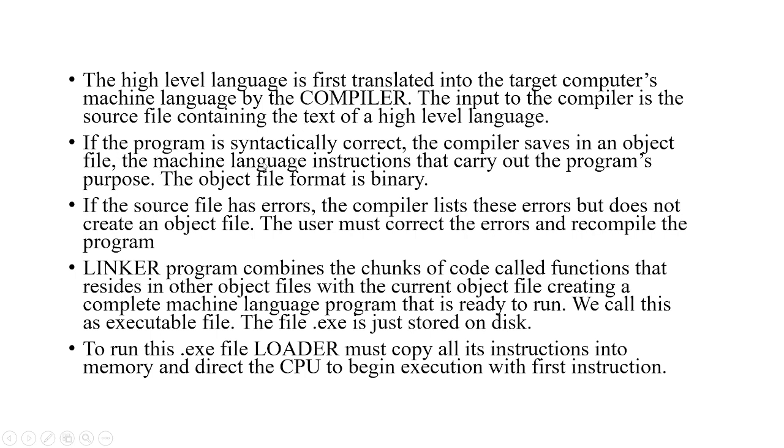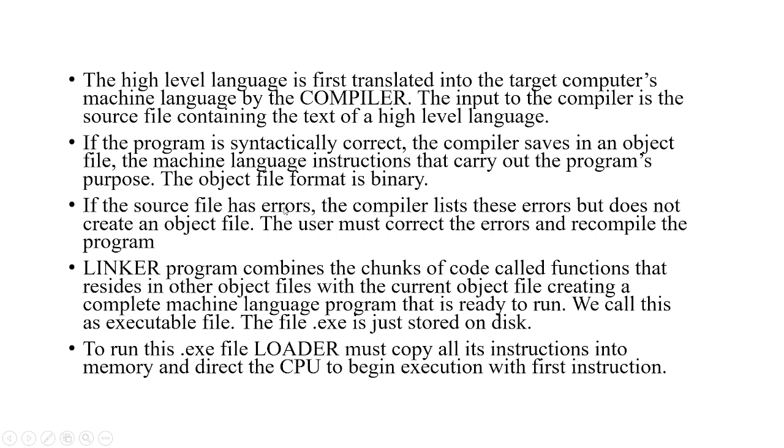The compiler generates an object code if the program is error free, that is, syntactically correct. If there is any error, the program is not converted to object code until those errors are rectified. Once the program is syntactically correct, then only the compiler gives an object file as an output, and this object file is in binary format.